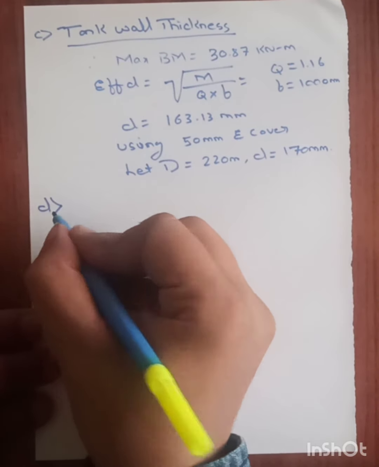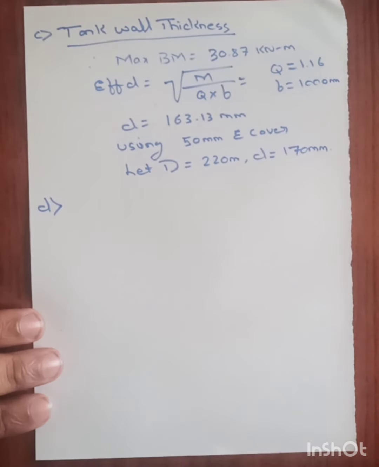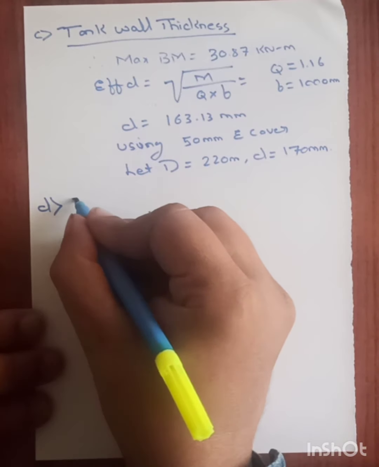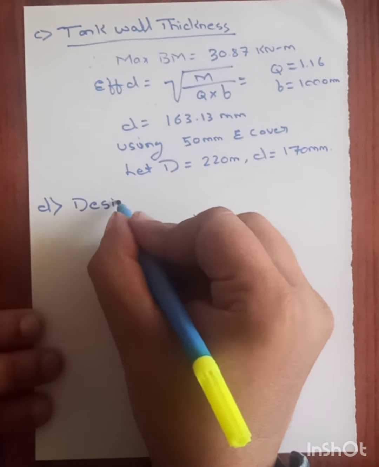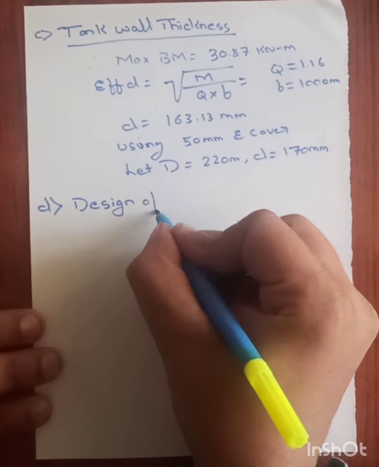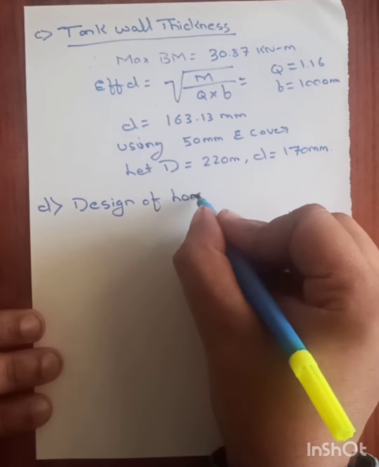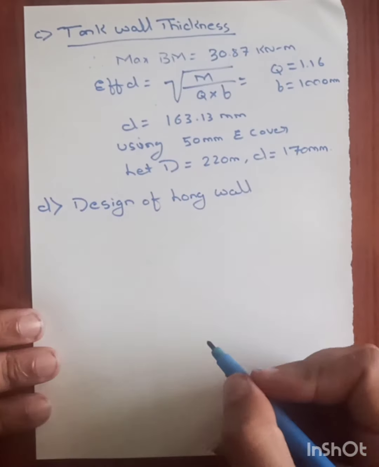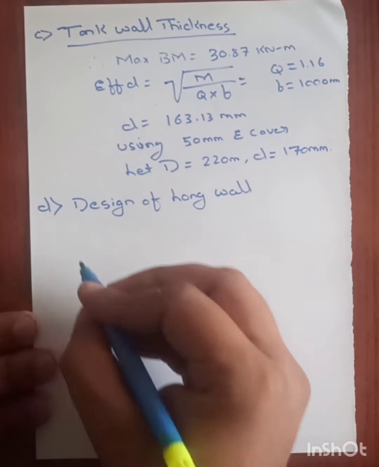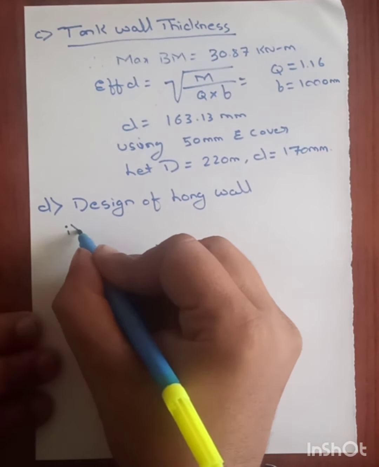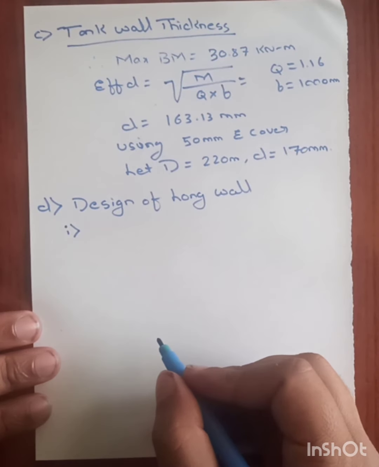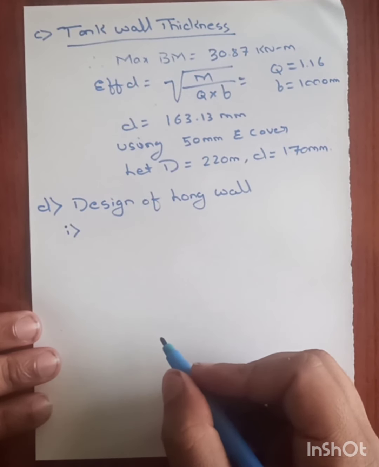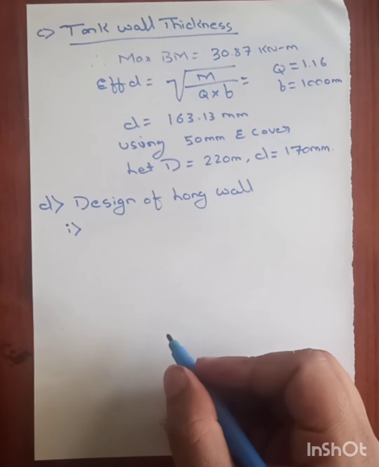Now let us find the reinforcement. So first, design of long wall. We need to find the hoop steel or horizontal steel as well as the vertical steel.